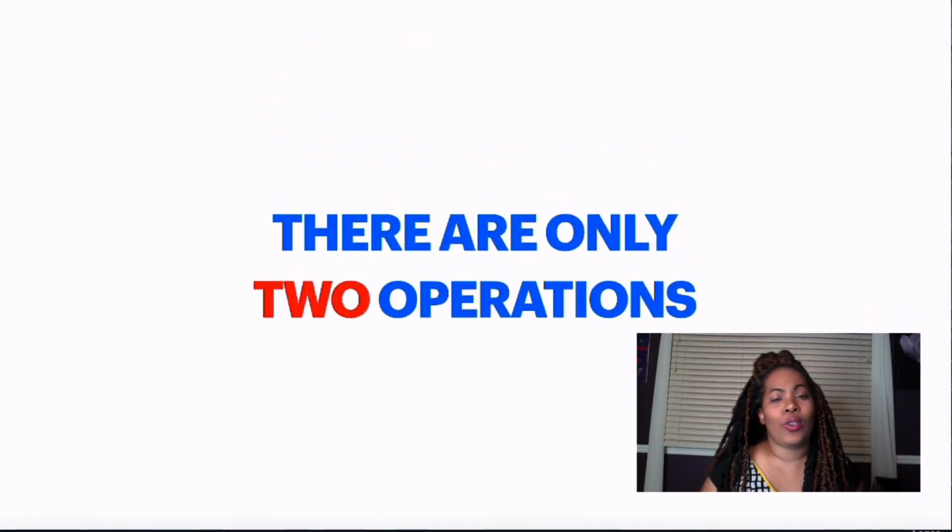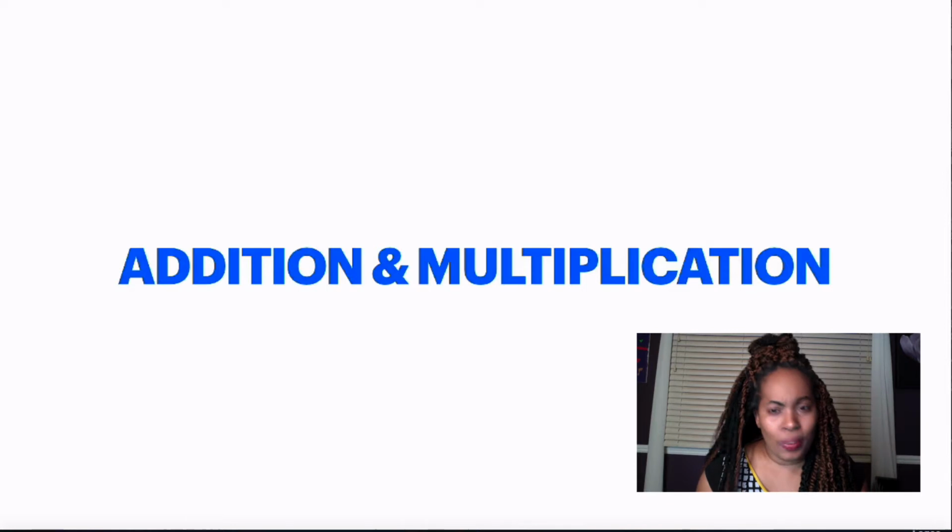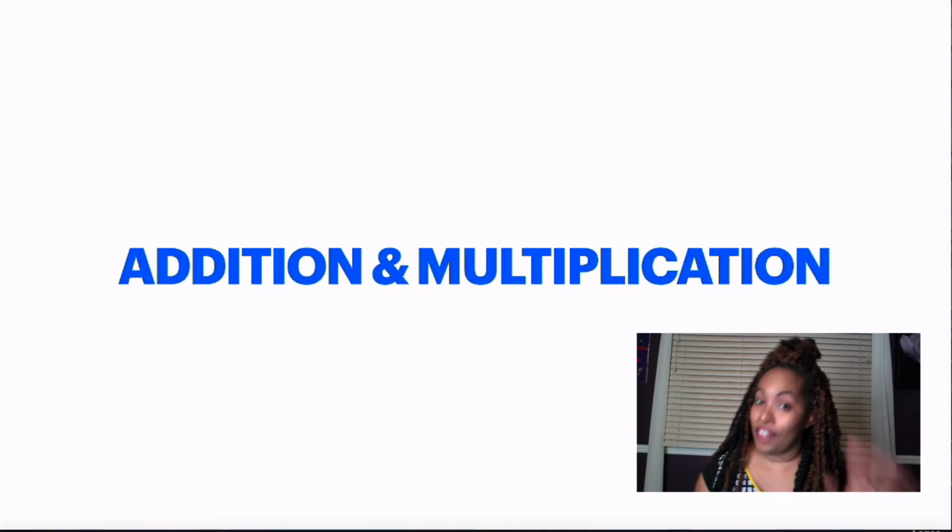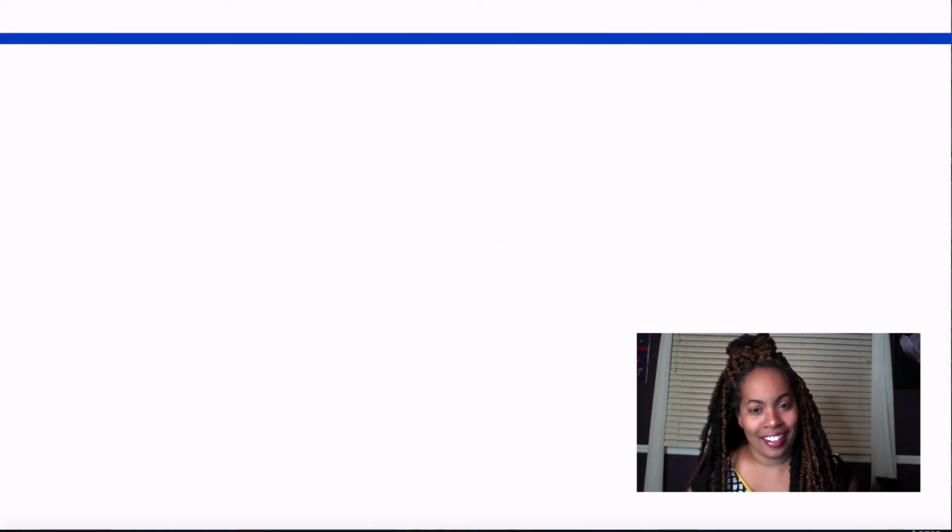We're going to blow that myth out of the water, and I'm going to tell you guys, there are only 2 operations. Can you guess what they are? They are addition and multiplication. Here's why. Because subtraction is actually just addition of the opposite, and division is multiplying by reciprocals.